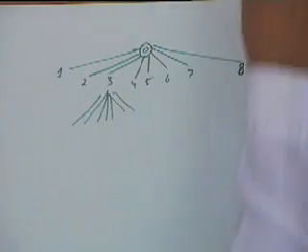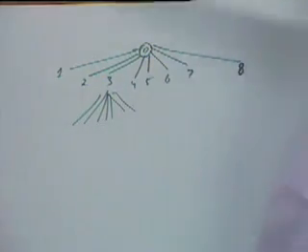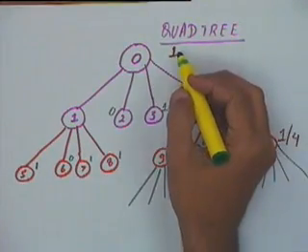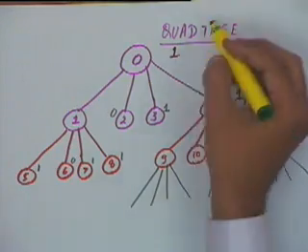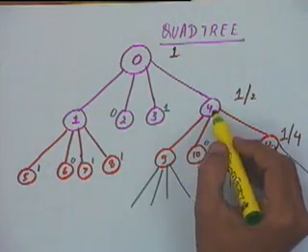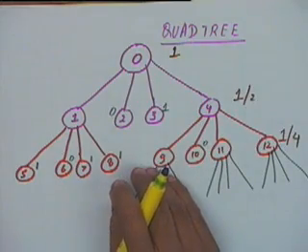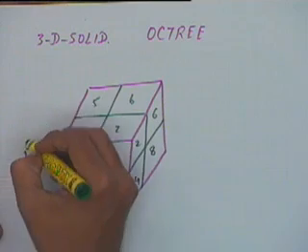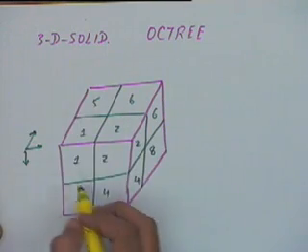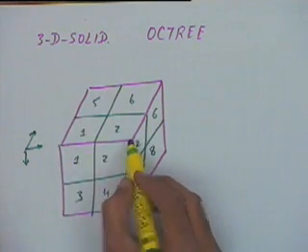So this is a simple extension of quad trees into a 3-dimensional space. In 2 dimensions we had 4 children for every node, in 3 dimensions we will have 8 children. Essentially, in every dimension, in the x direction, the y direction, and the z direction, we are dividing the unit length into 2 portions.